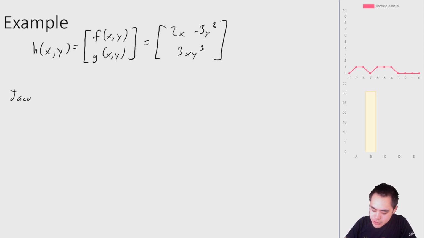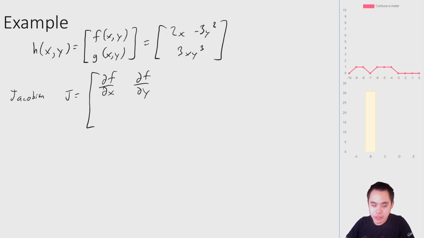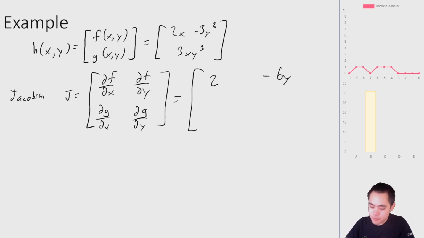Then the Jacobian matrix, J, is going to be equal to del f by del x, del f by del y, so the gradient of the f function, and del g by del x, del g by del y, so the gradient of the g function. And this is going to be equal to 2, minus 9y squared, 3y cubed, and 9xy squared.